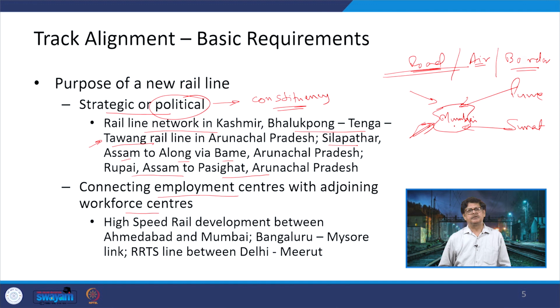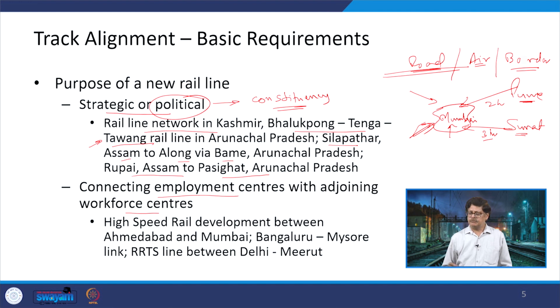And Mumbai being a costly city as far as living is concerned, people may like to stay in Pune or Surat, and they may be traveling for 2 to 3 hours from those locations to their place of employment, and that is the type of connectivity which is required.